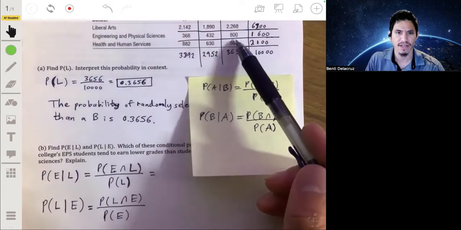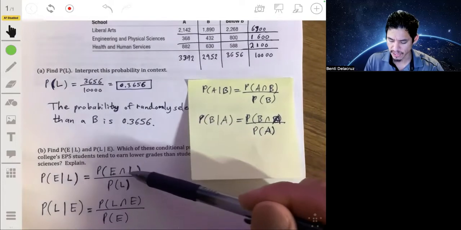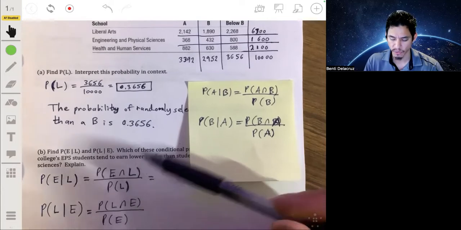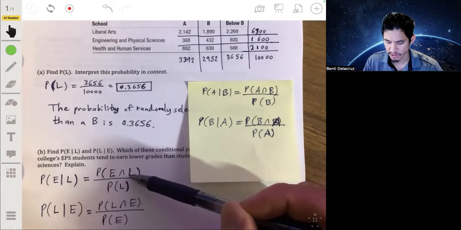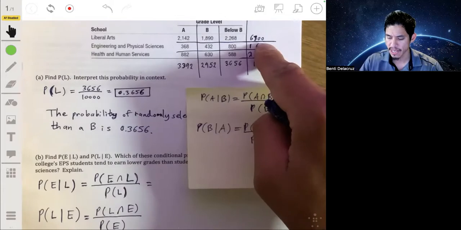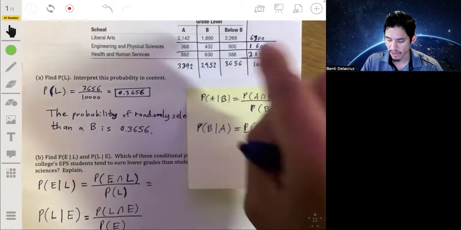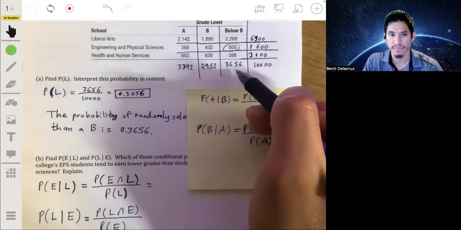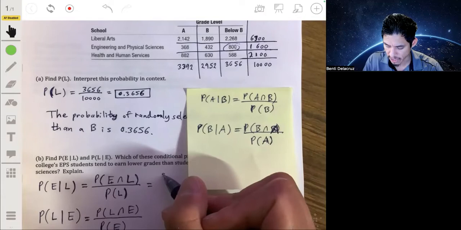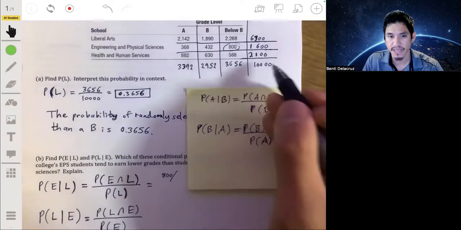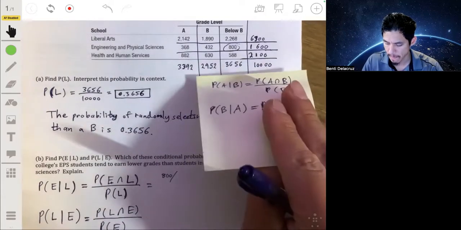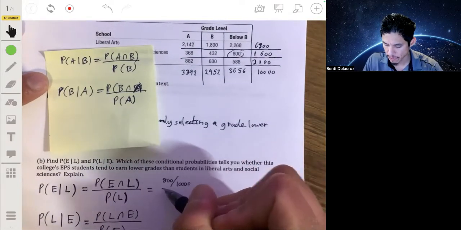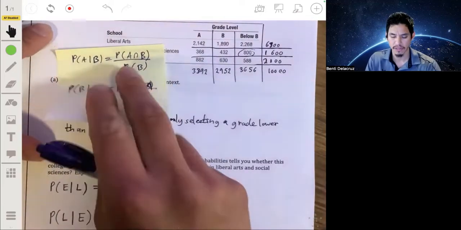The probability of E and L is just that they both occurred, so it's kind of the intersection. They're in this row and they're in this column. So that would just be that 800, because that 800 is engineering with a grade below a B. So on top we would have 800 divided by 10,000, because we're not doing a conditional probability on top here.